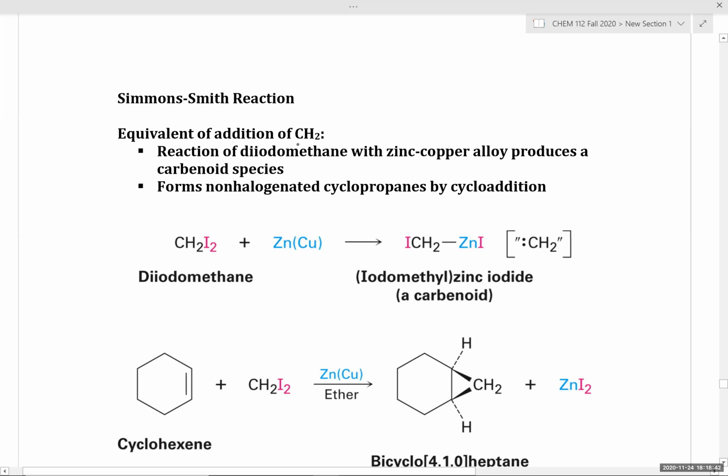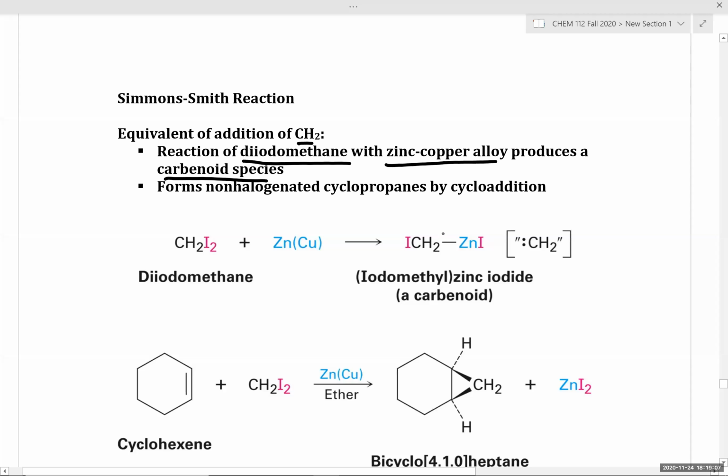This time we're adding an equivalent of a methylene group rather than a dichloro group. Dichlorocarbene, we're just adding a hydrogen substituted carbene. So reaction of diiodomethane with a zinc copper alloy produces a carbenoid species.